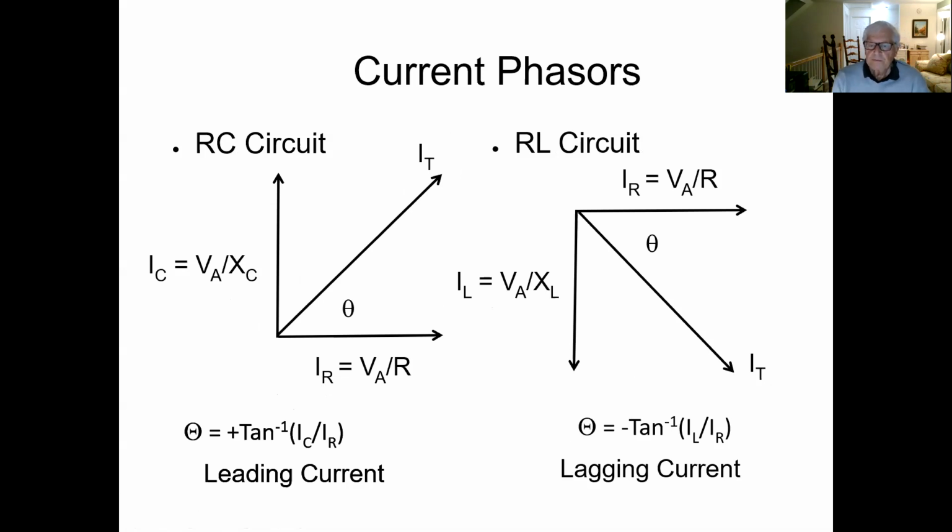Once we figure out what the total current is, then we can go back and figure out what the impedance is. And basically we can figure out what the angle is also by taking the arctangent.